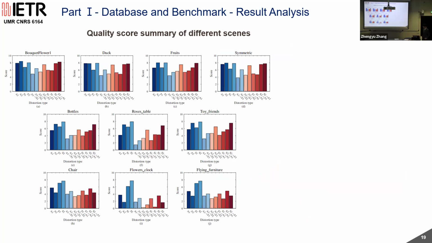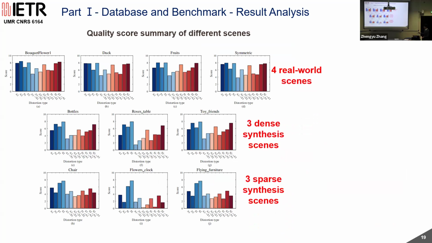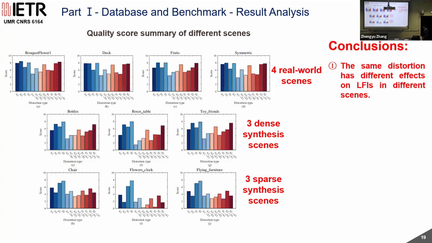After obtaining all the subjective quality scores for each image, we provide a quality score summary for each scene. Here, the figures on the top, middle, and bottom rows denote the real-world, dense synthetic, and sparse synthetic scenes respectively. From the result, we can conclude that, first, the same distortions may have different effects on different scenes.